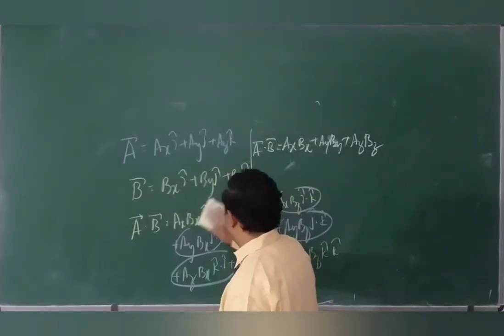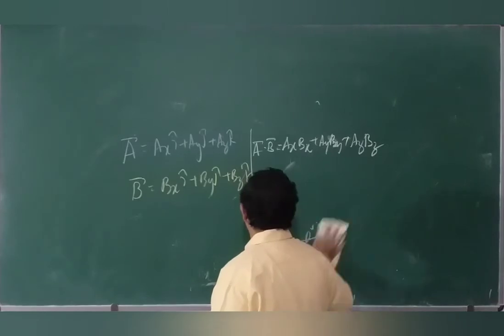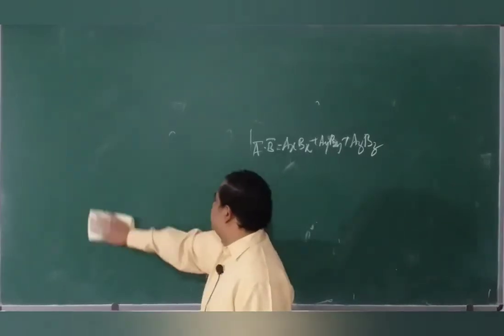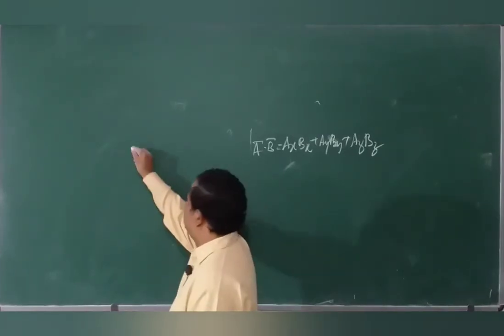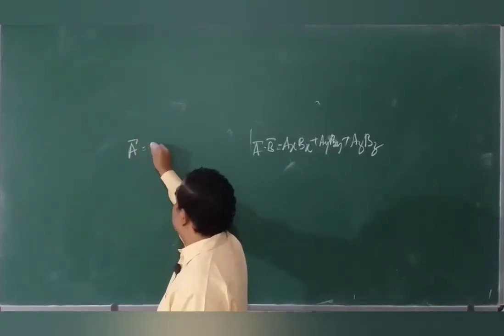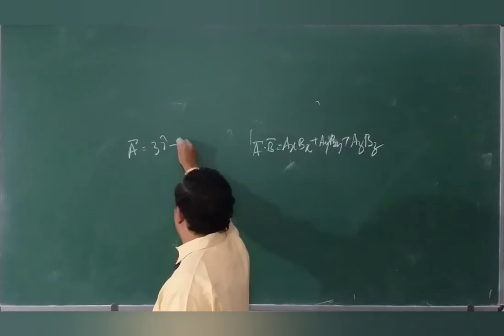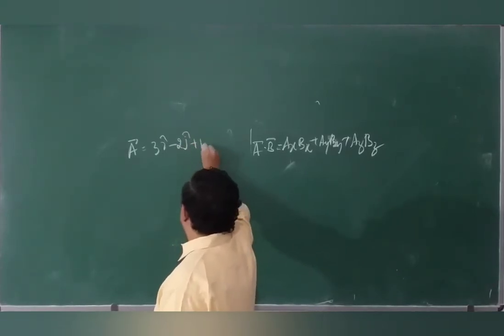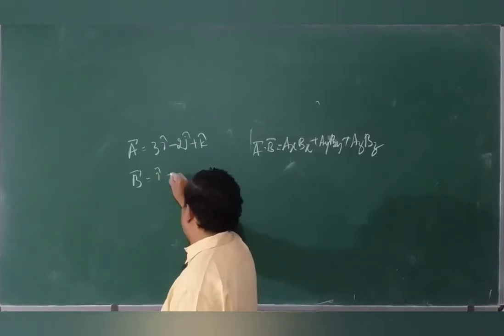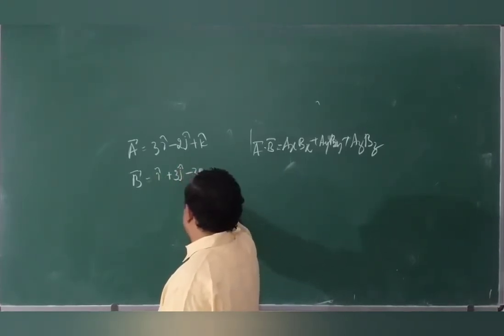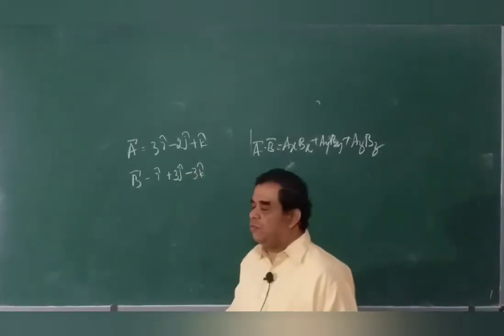I write two vectors now. Say vector A is 3i cap minus 2j cap plus k cap. Vector B, i cap plus 3j cap minus 3k cap. What is A dot B?